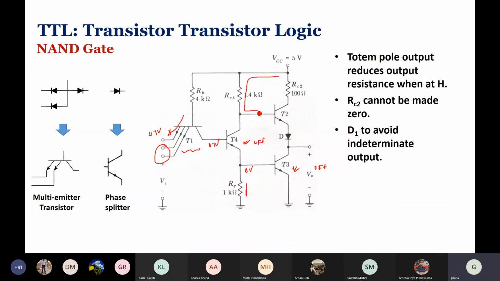It is connected to some load or similar device. Because relatively less current flows as base current, the IB RC4 drop is less. So 5 minus that drop will occur over here, which is close to 5 volt only.